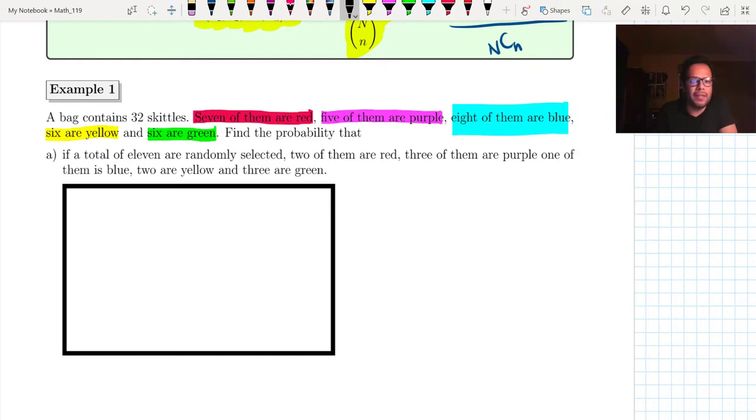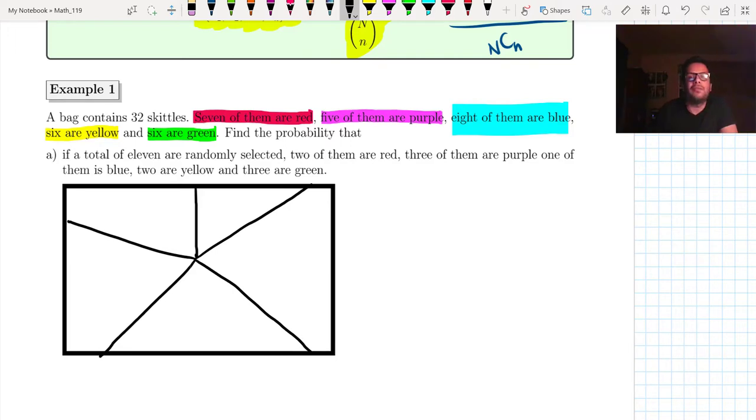So, instead of just 2 boxes, I'm going to divide it into 5. I'm going to highlight with red the part of the bag with red Skittles, and then with purple, I'm going to highlight the purple Skittles.